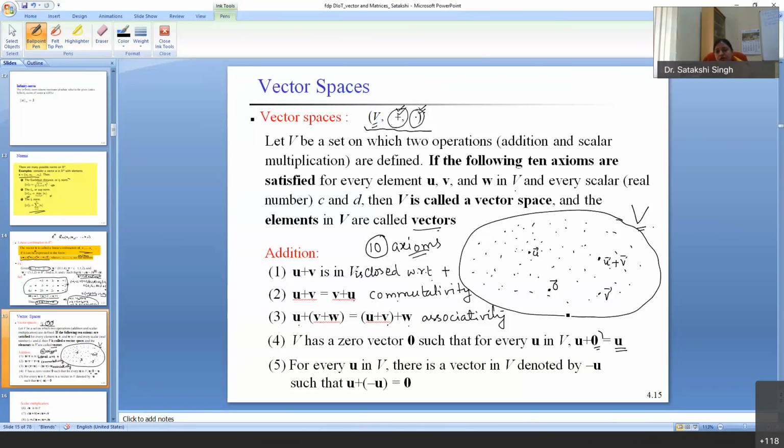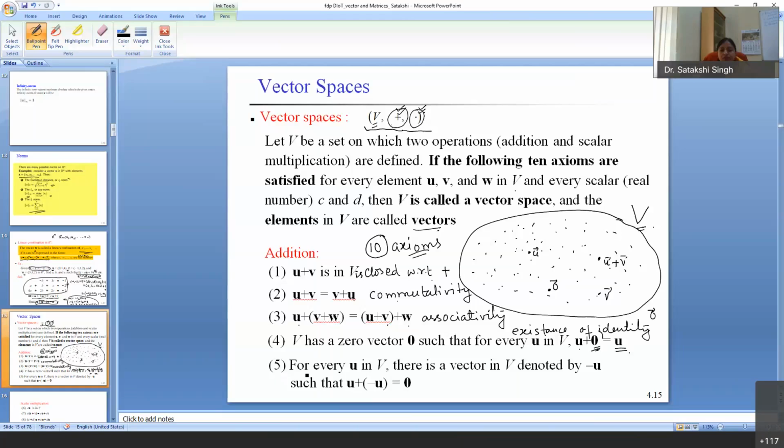Because we are defining plus as the usual addition of real numbers here, our identity will remain 0 in this case. So u plus 0 should be equal to u itself, and this axiom number 4 is called the existence of identity. Identity in this case is the 0 vector.